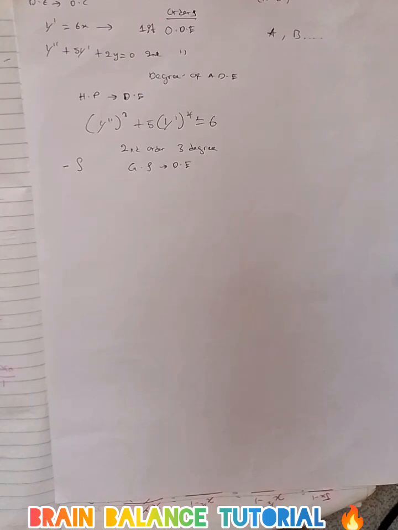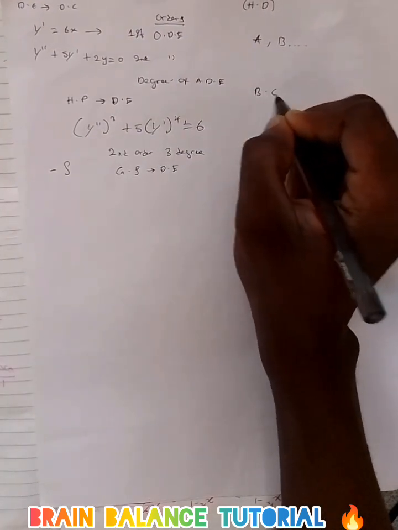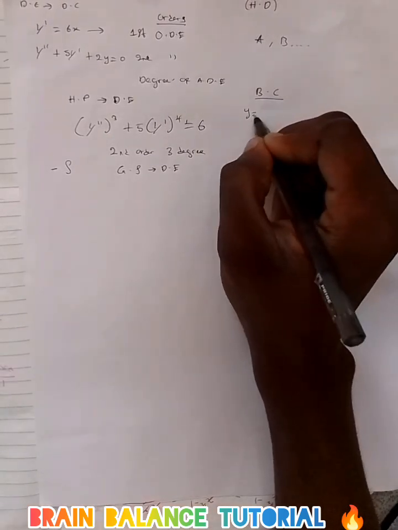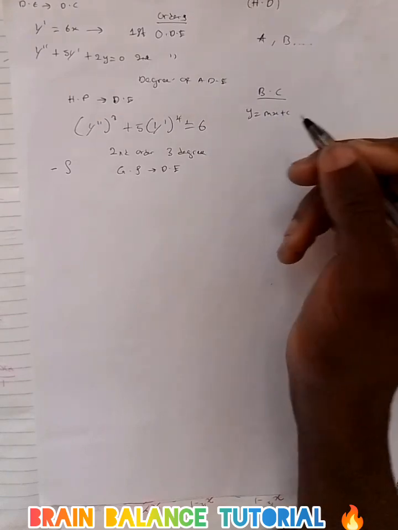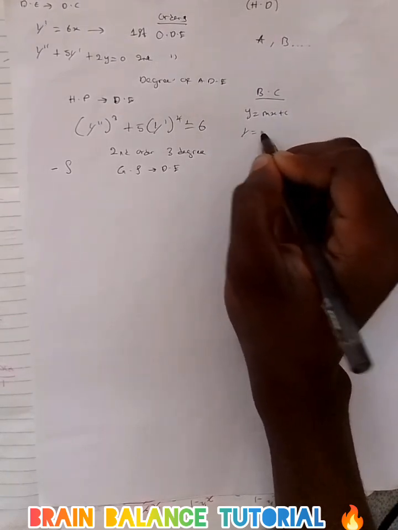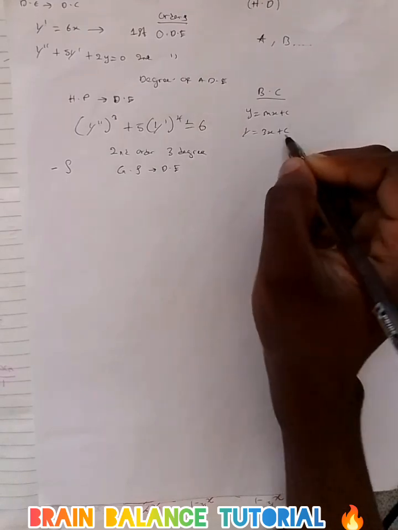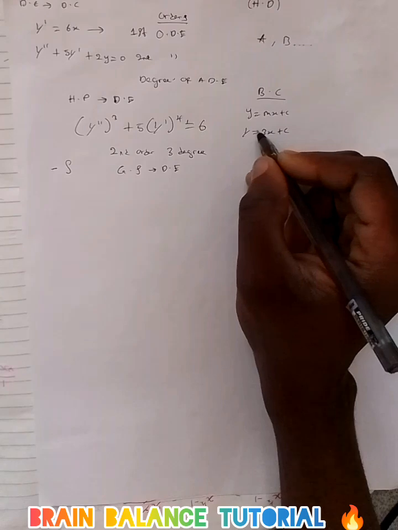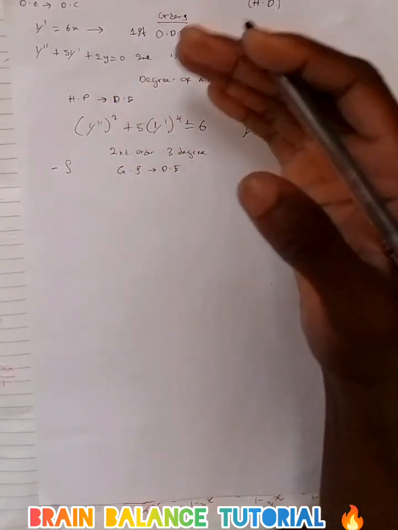From there we also have something we call a boundary condition. This is very simple. Let's say you have y equals mx plus c, or y equals 3x plus c, c being the constant. This is like a general solution to the model they give you to solve.